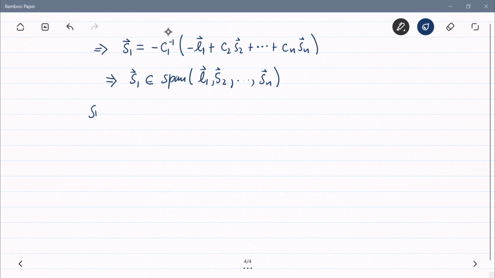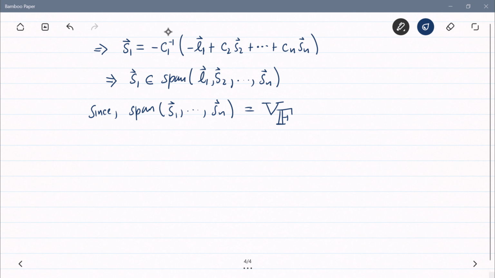Since we know something about S, the span of S sub 1 comma dot dot dot S sub n is equal to the space we are working with, and the only difference between these two sets is that we have replaced S1 by L1, but it contains S2.